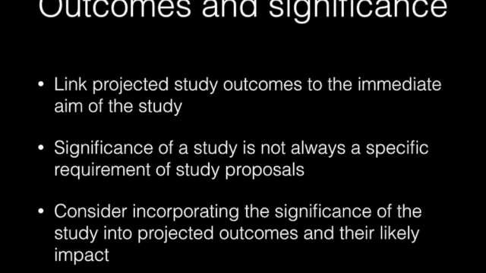Is it actually important for you to go ahead and do this study? Is it important that participants commit time and effort to the study? Is it important that a funding body gives you money for a study if the outcomes themselves are not of significance, if they're not going to make a difference? So you need to really think about that when you're in the early stages of your research proposal.